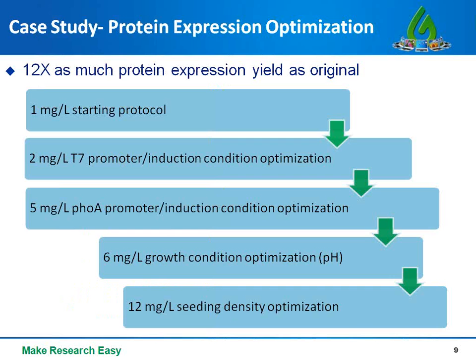By continuing optimizing growth conditions such as media components and pH, the yield increased to 6 mg per liter. And we also did seeding density optimization, which increased the yield to 12 mg per liter, 12-fold of the original production efficiency. This case gives you a glimpse of our expertise on protein expression optimization.